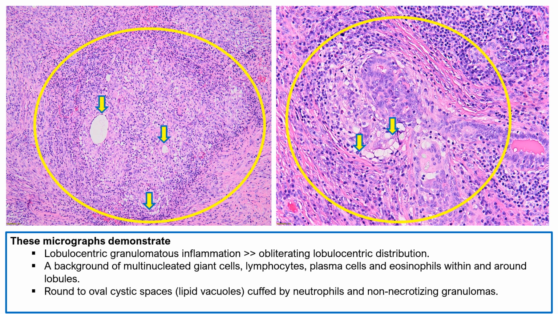Round to oval cystic spaces, lipid vacuoles covered by neutrophils and non-necrotizing granulomas. Multinucleated giant cell with Schaumann and asteroid bodies.